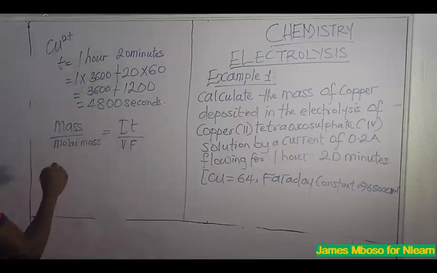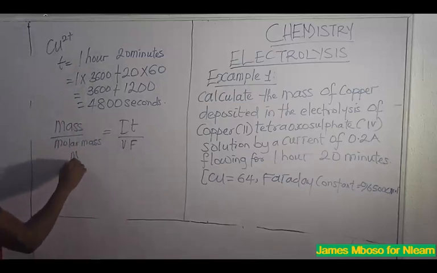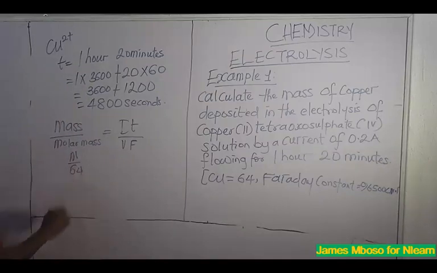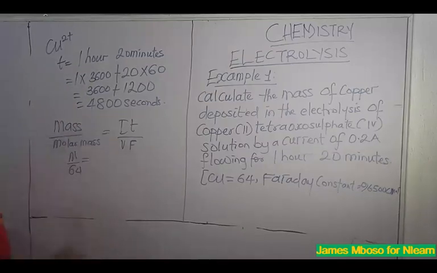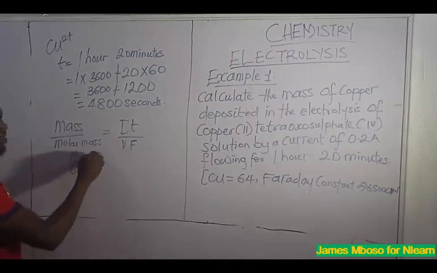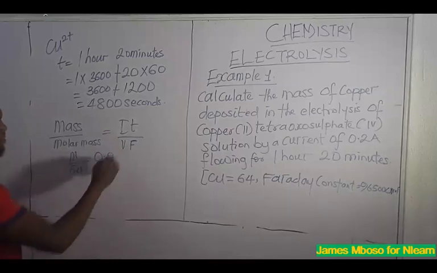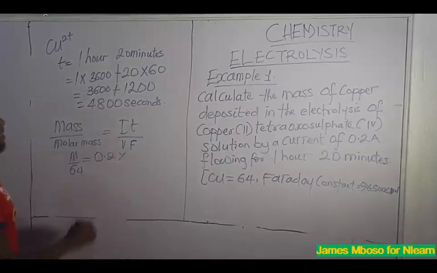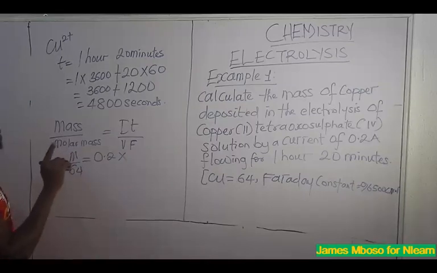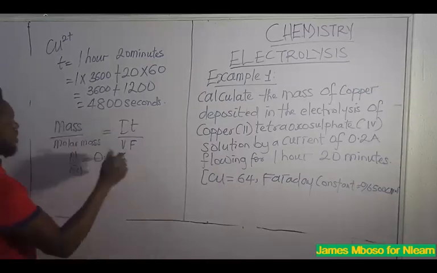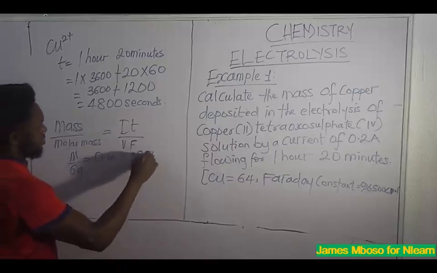So the mass is what we are looking for, over molar mass, which is 64, equals the current in the question, 0.2 ampere, times our time. The time now is no longer 1 hour 20 minutes, but 4,800 seconds.